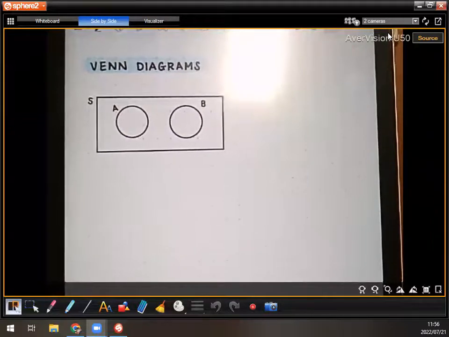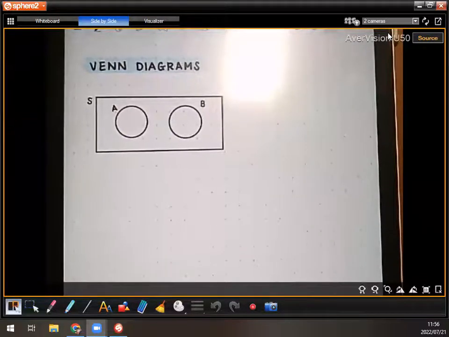That was one number that was in the overlap. So you minus the probability of that overlapping.